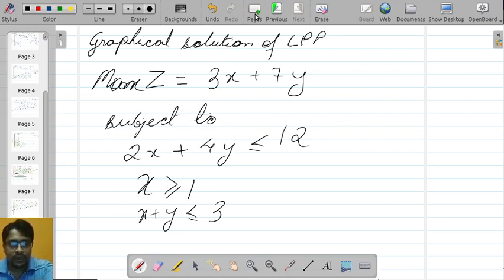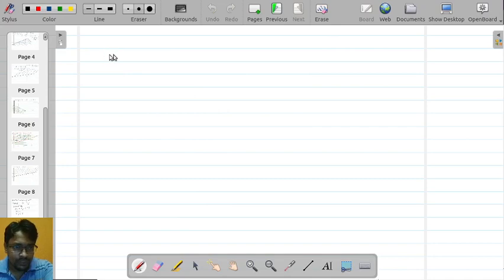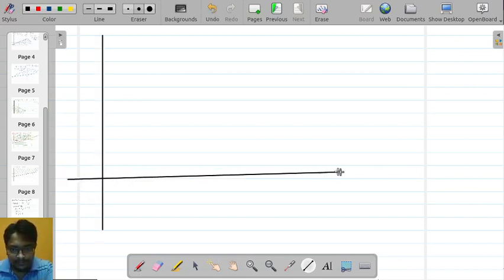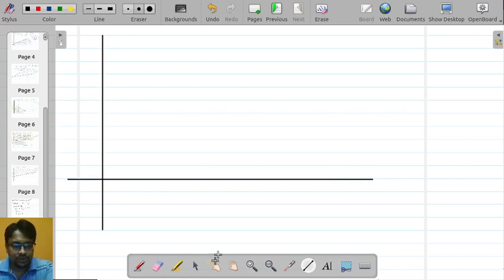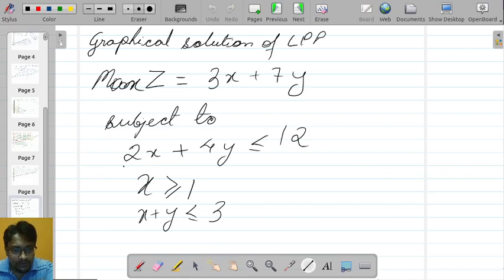Okay, we will see the optimality test later on, maybe in the next lecture. First let us plot this feasible region. Okay, which region satisfies all these inequations. So the first inequation that we have, or the first constraint that we have, is 2x plus 4y less than or equal to 12.